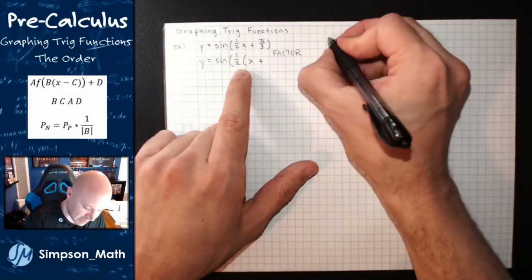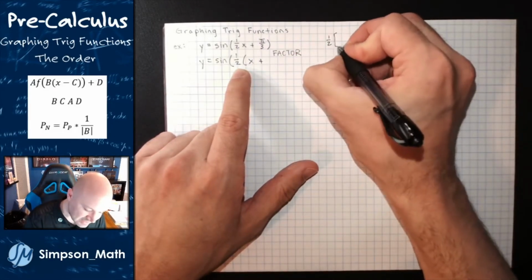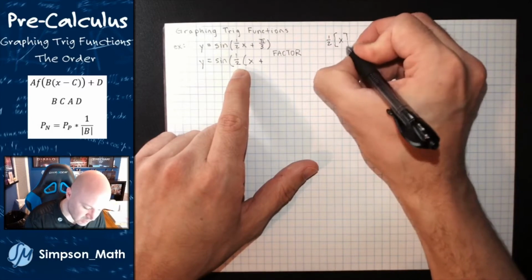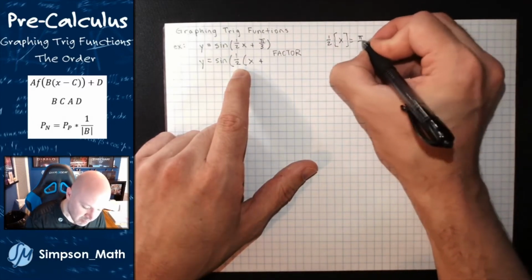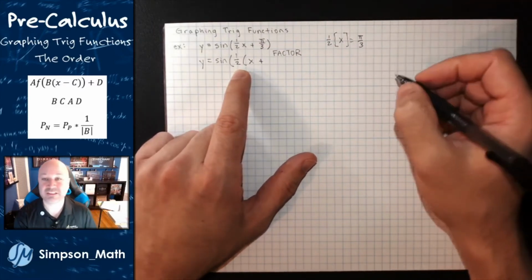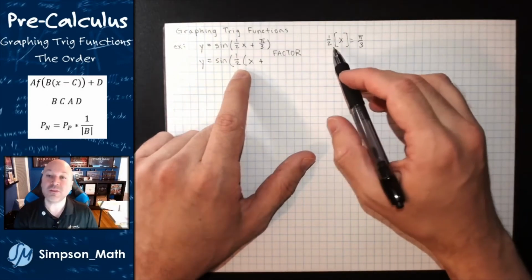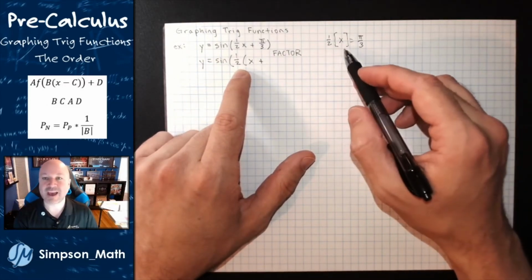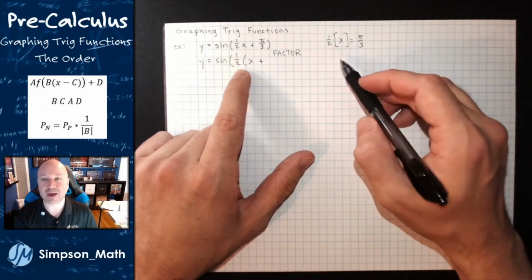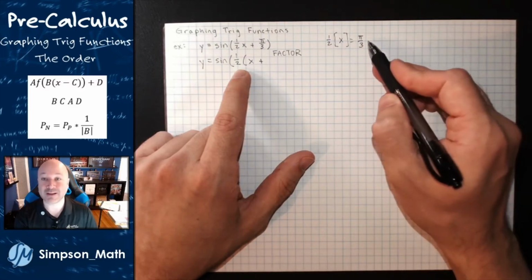Well, let's think about that. 1/2 times what would give me pi thirds? Or you could think of it as division. If I had this equation, I could divide by 1/2, which is multiplying it by 2.